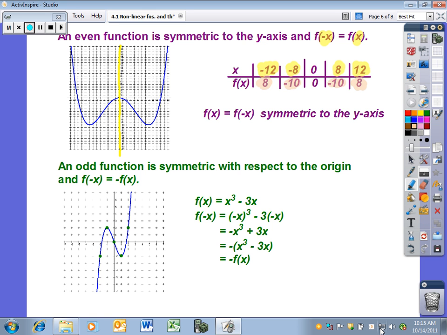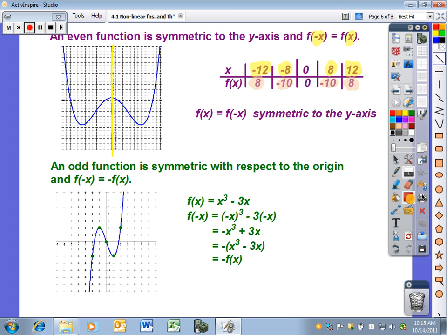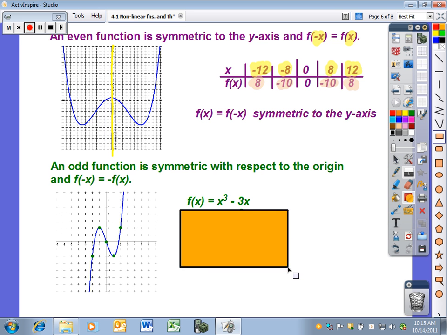An odd function is symmetric to the origin, where f of negative x is the same as the opposite of f of x. Let me build a looking. All right.